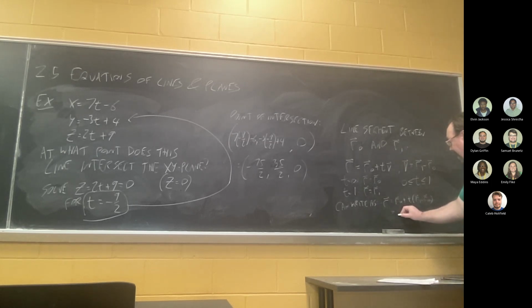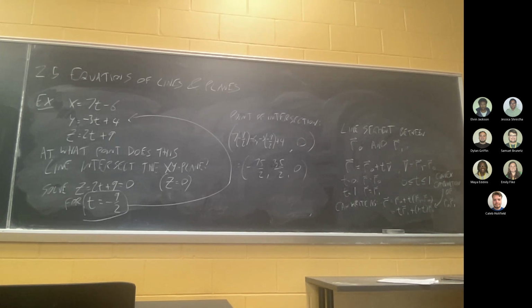And we have tR1 plus (1 minus t) times R0. I'm highlighting this because when you write an equation in this way, this is called a convex combination of the two endpoints, R naught and R1.